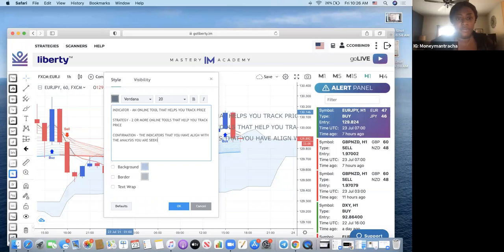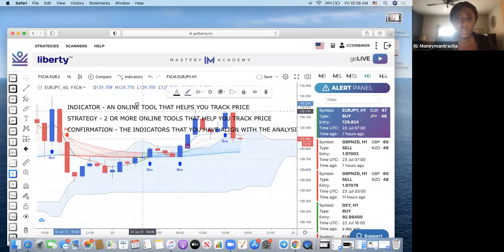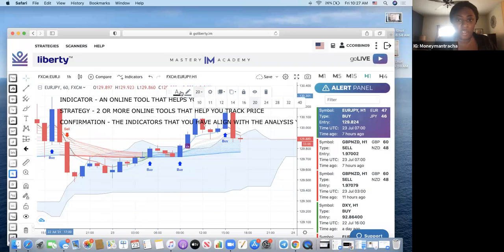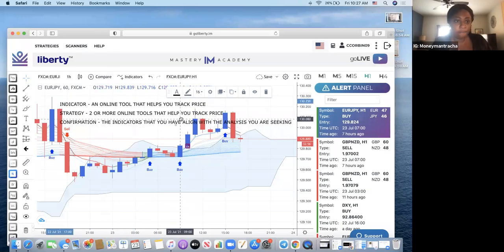Let me just turn this black and make this smaller so that it fits, so you can take a screenshot of that or write it down or take a picture.